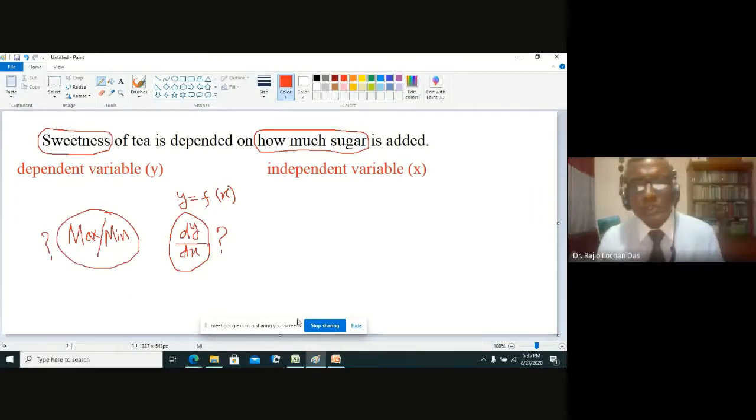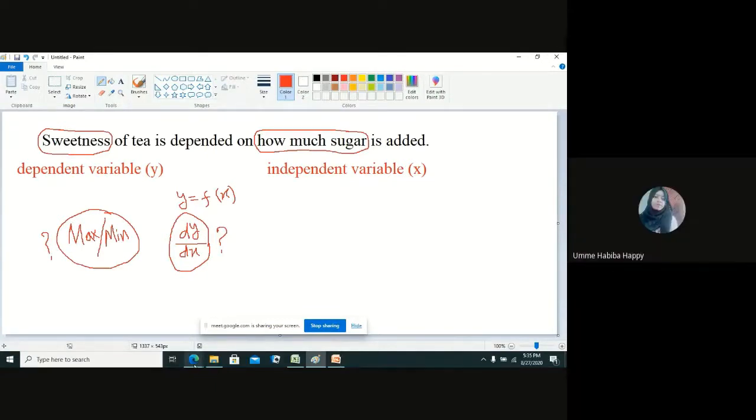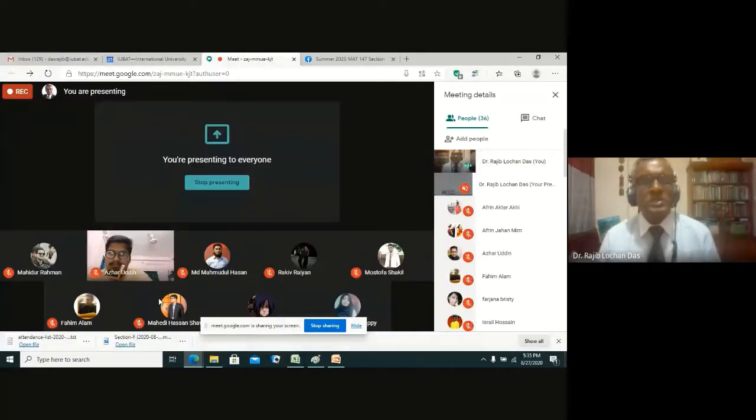Correct. So is it clear to everyone? Yes, sir. Do you understand this thing, everyone? I do not want that only the good students will understand this. No, this is now the mandatory level of understanding for everyone.